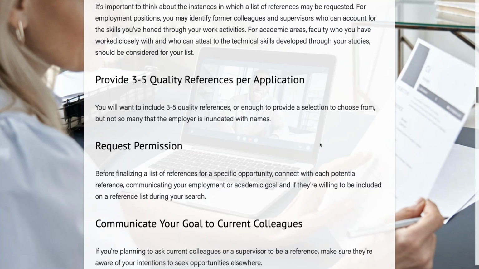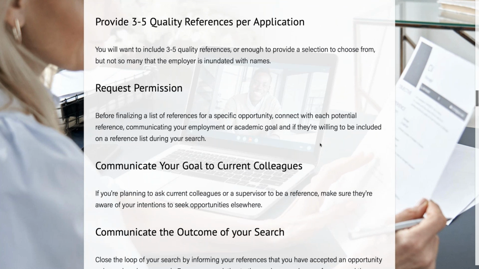So request permission, but also communicate your goal to current colleagues, especially if those current colleagues or a supervisor may serve as references when you're moving through that hiring process. It's also important that that goal is very specific.